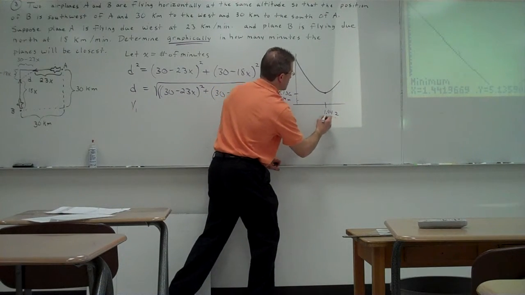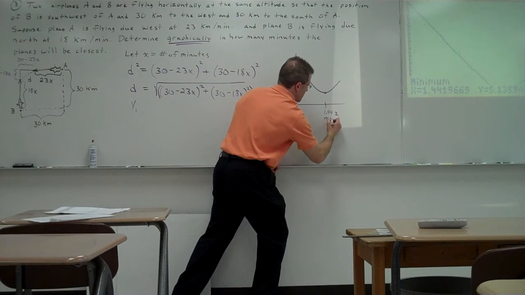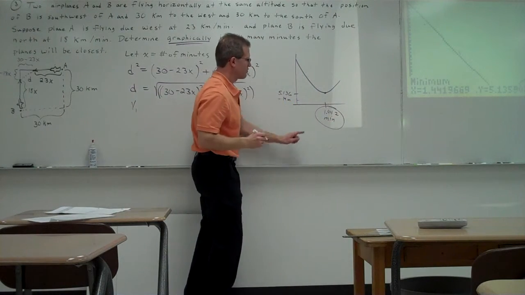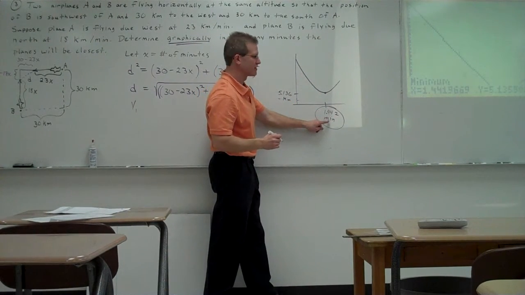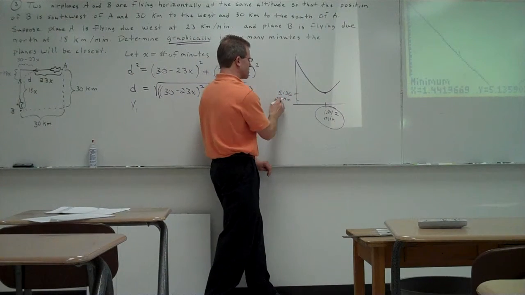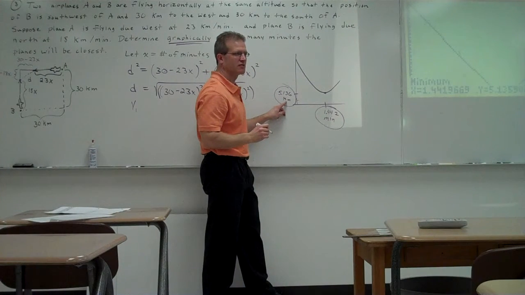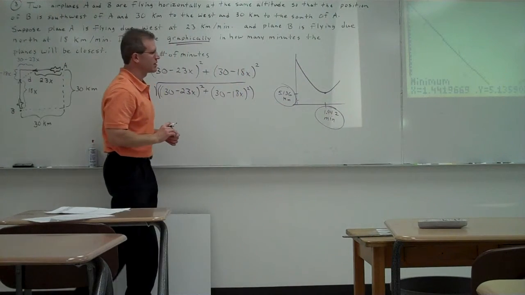And x would be in minutes. So what we just found out is that after 1.442 minutes, the planes are going to be at their closest distance, and that closest distance is 5.136 kilometers apart. So we don't really have to worry about them crashing. Any questions about that?